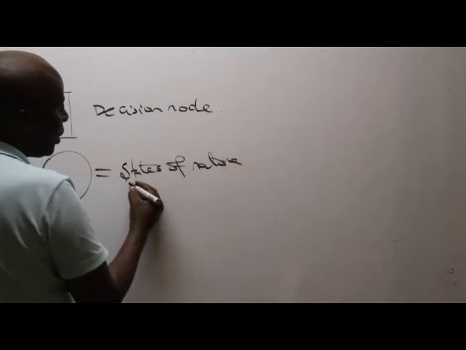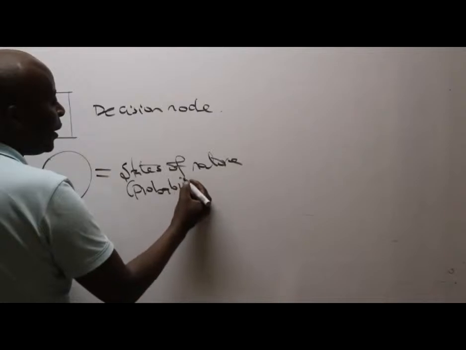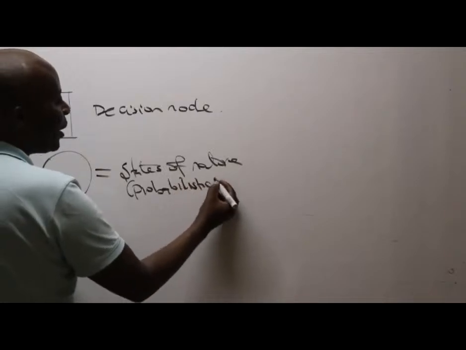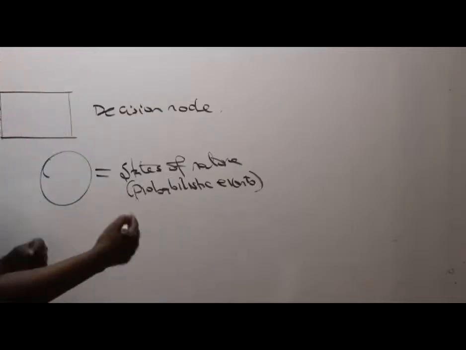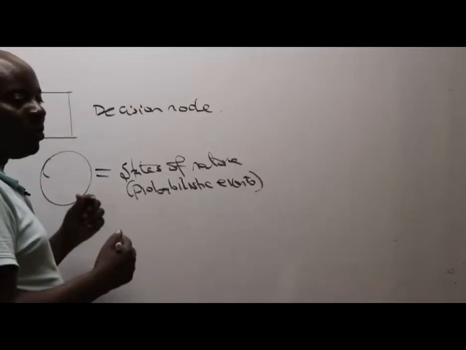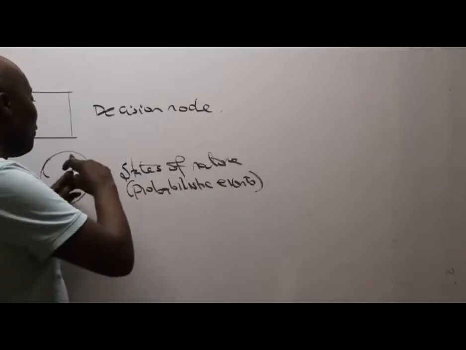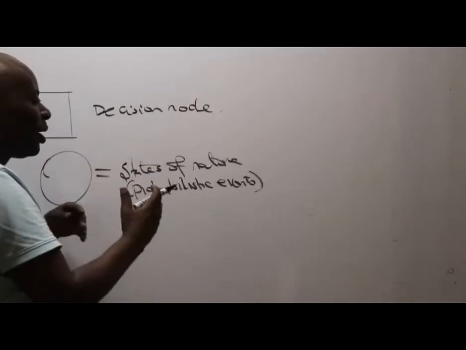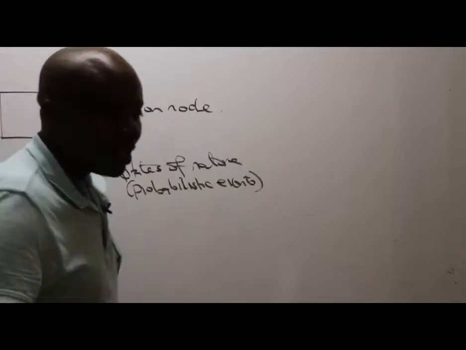If you remember, the states of nature node is the one that carries the probabilistic events. All events which have probabilities will always be coming out of a circle, to signify what is slippery. Probabilistic events can go either way.